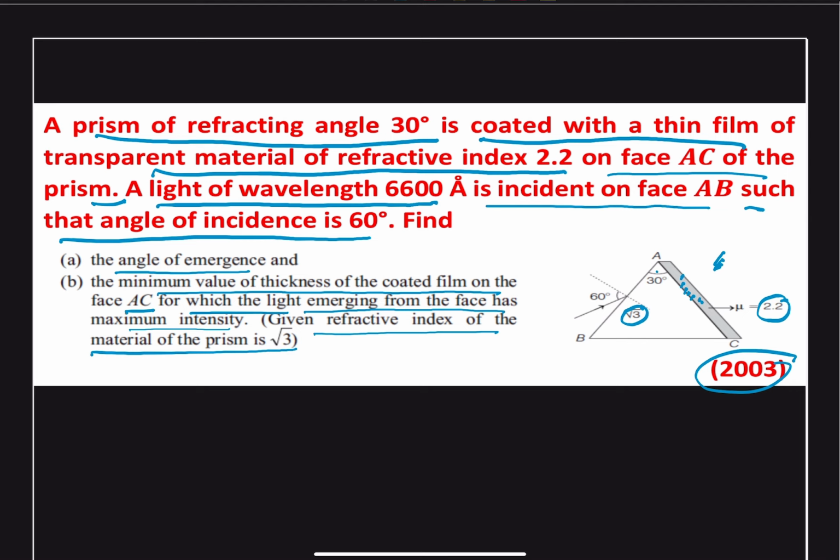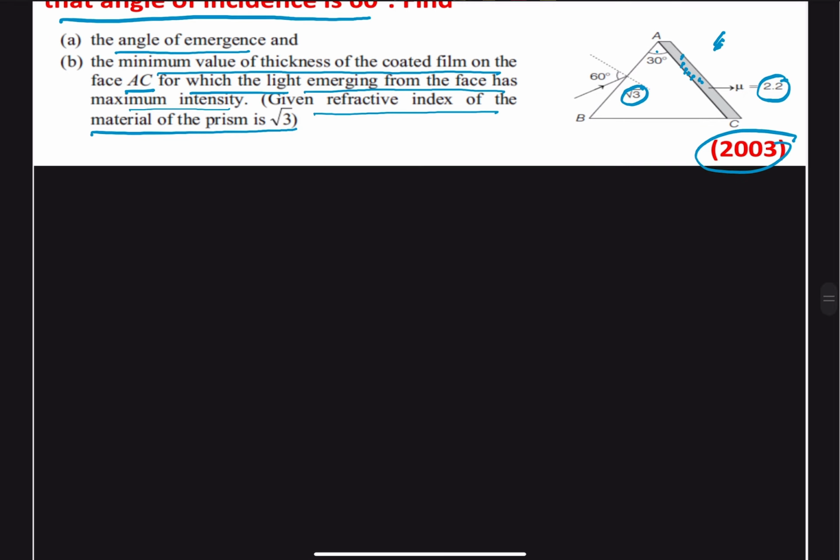Okay. So first of all, we are going to find out what will be the angle of emergence. For that, we are going to use refraction into the plane at surface AB. So we have part A, and this part A, we consider refraction at AB.